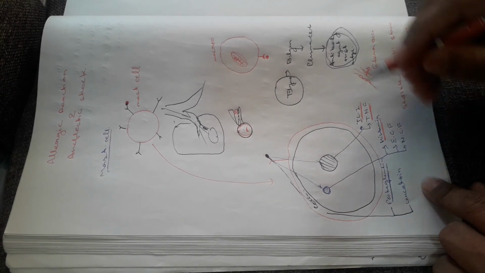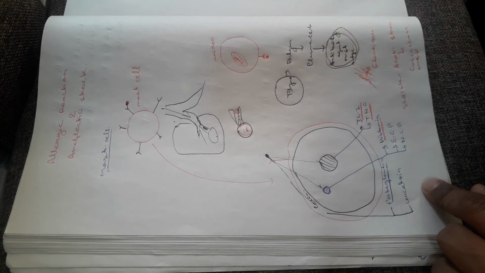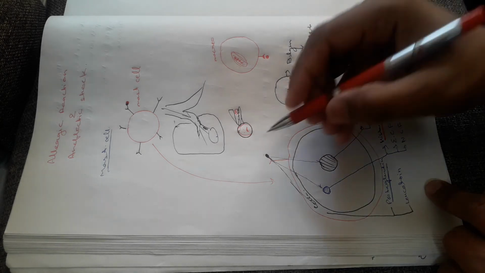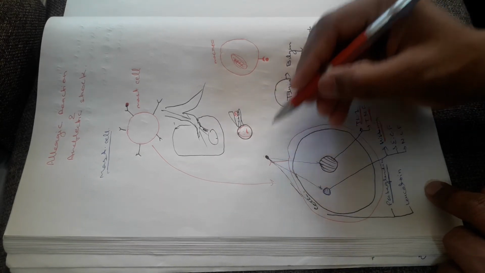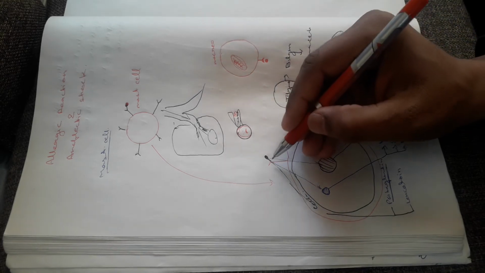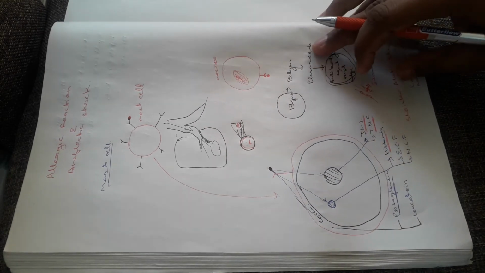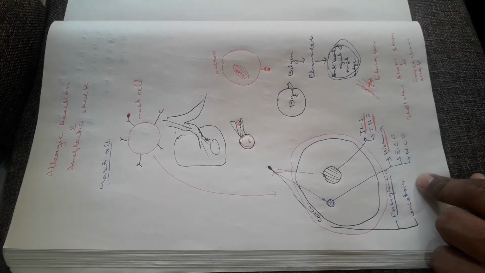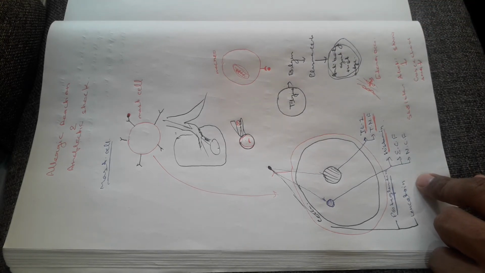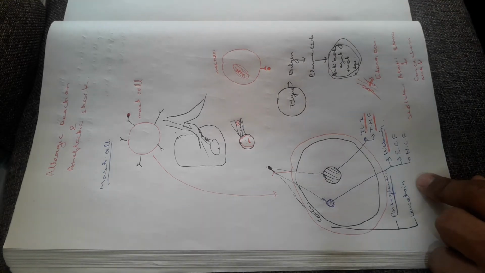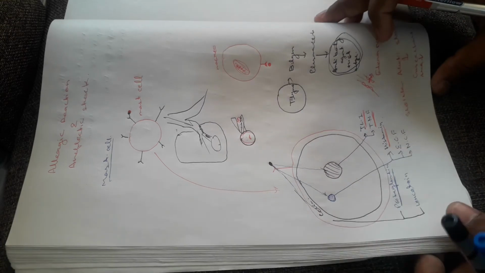So these are the chemicals or molecules secreted by the mast cell when the antigen binds with the antibody present on the mast cell. So the person feels very difficulty in respiration and other processes. So this is allergic reaction, all about allergic reaction.